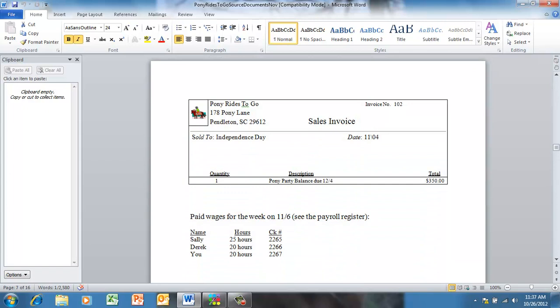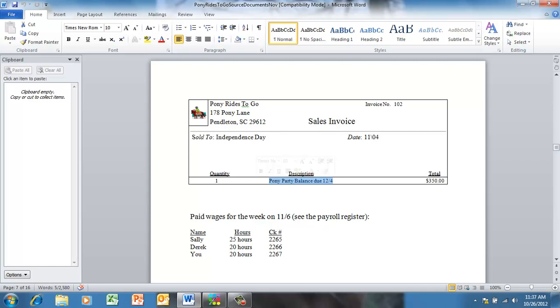Here's another sales invoice like the one we had previously looked at. This one, however, notice it does not say paid stamped on it. It has pony party balance due December 4th. So that's telling us right there that this is one that was okayed by Camille to pay later.